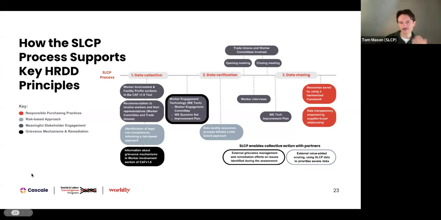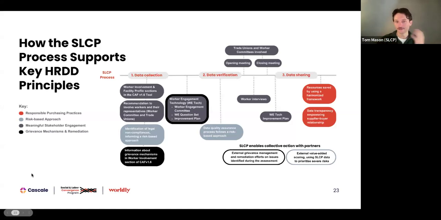So when it comes to responsible purchasing practices, firstly, this is something that you probably have heard quite a bit about before, and I won't go into a lot of detail on this today, but in short, we need to make sure that the tools that we're implementing facilitate good purchasing practices between brands and suppliers.